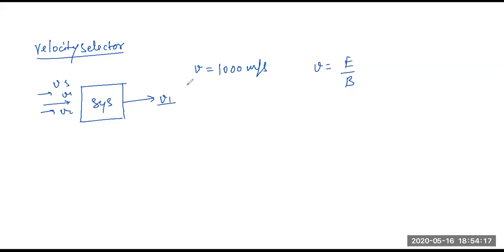Actually, there's a narrow opening here and you're sending charged particles like this, correct? Now I'll select E by B in such a way that this ratio turns out to be 1000.